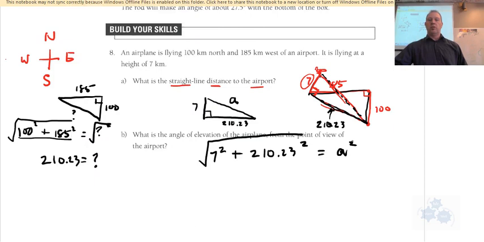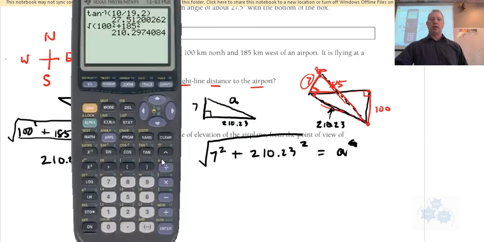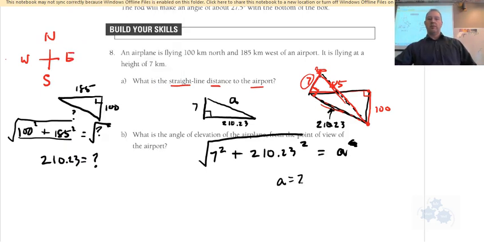So A actually equals the square root of 7 squared, which we know is 49, but we'll just put 7 squared, plus 210.23 squared. And what is that? 210.34 or 35. 210.35. Good job. That's going to be kilometers.